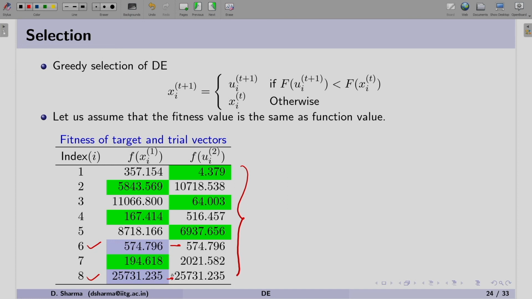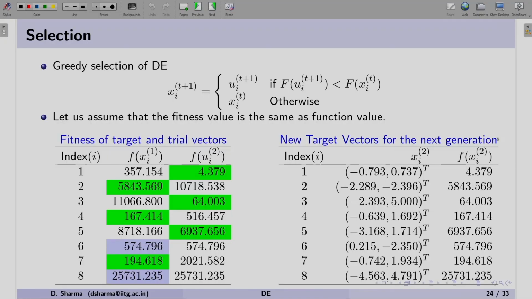I am just showing it for representation purposes, that any one can be selected, because it is not going to change our member. So the new target vectors for the next generation you can see on the right hand side, and the vector components are shown in column number 2 and their fitness values are shown in the third column of the table.